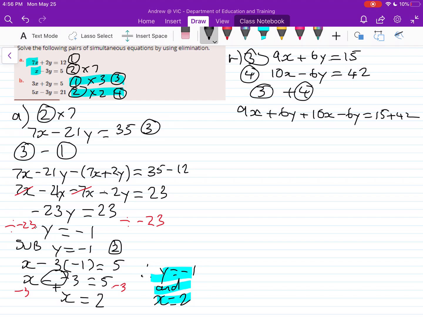We collect like terms. Our 6y's cancel out, so we're left with 19x is equal to 57. If you don't know this, you might need to get out your calculators, but we need to divide by 19. Normally the numbers are very easy when they're being generous. Here this is equal to 3. So x is equal to 3.